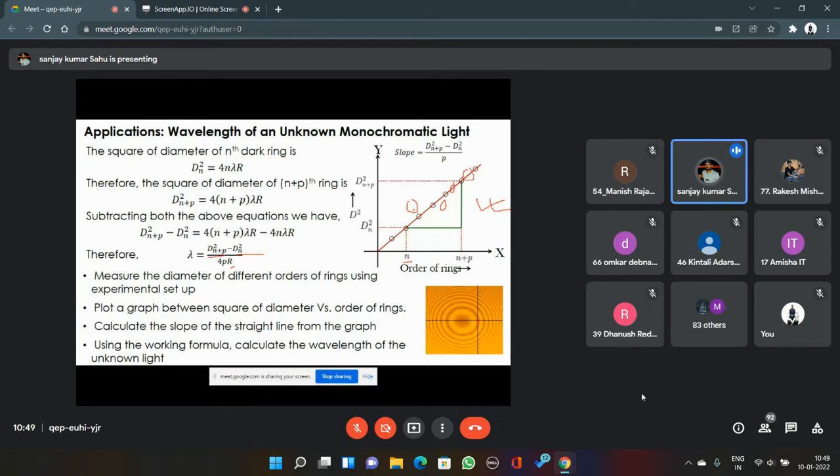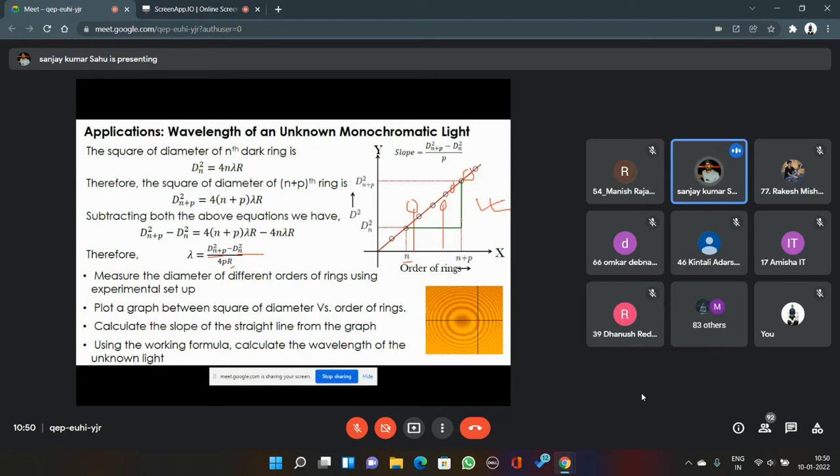Any mistake will be taken care of. If you are not following this method and you use just two diameters to find the wavelength of monochromatic light, then you will get some error in your measurement. So to avoid any such manual error, this is the more accurate procedure.